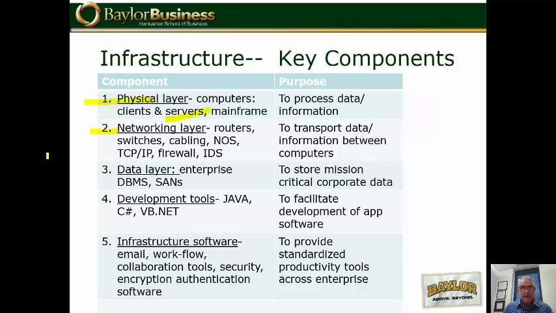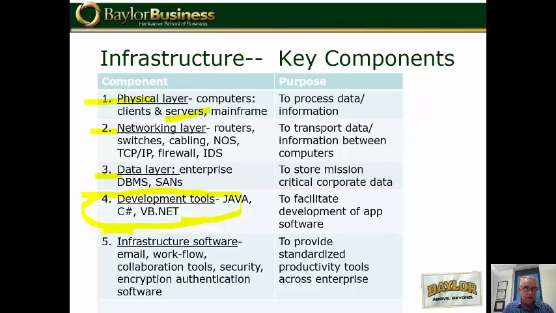The networking layer is all the technology that connects the computers that enable you to send and receive information. The data layer: database management systems, storage area networks. You may have in your IT department application development people, and so they have certain development tools that they use to develop applications.